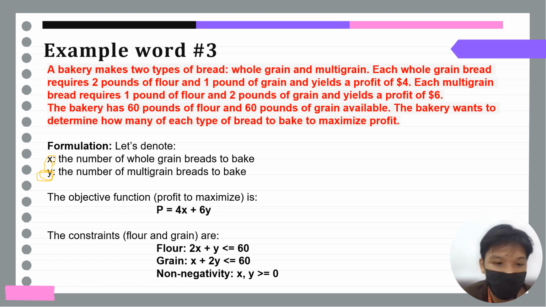The constraints are flour and grain. Flour is 2x plus y less than or equal to 60. Grain is x plus 2y less than or equal to 60. Non-negativity is x and y greater than or equal to 0.